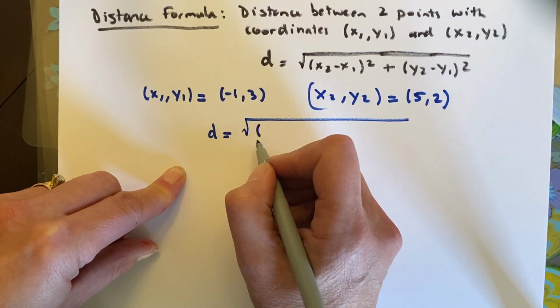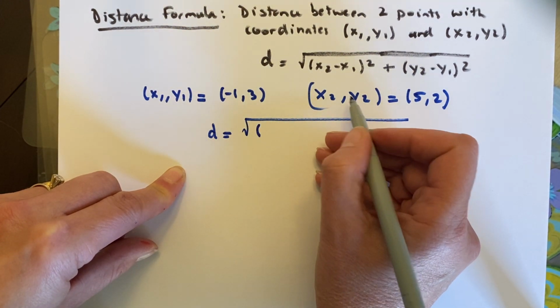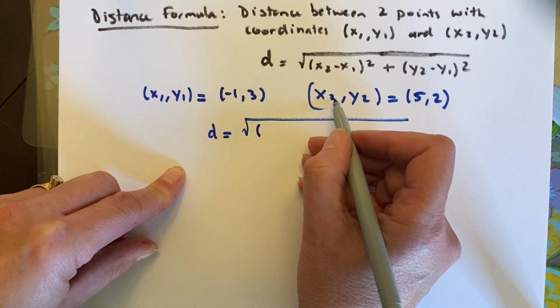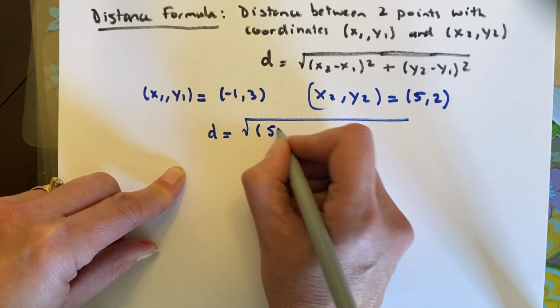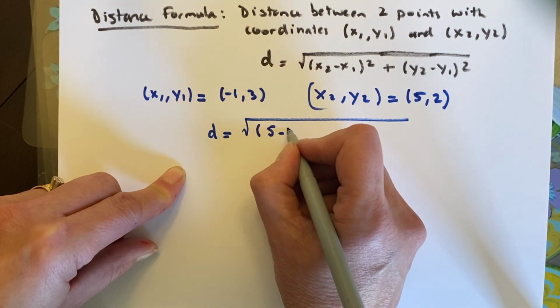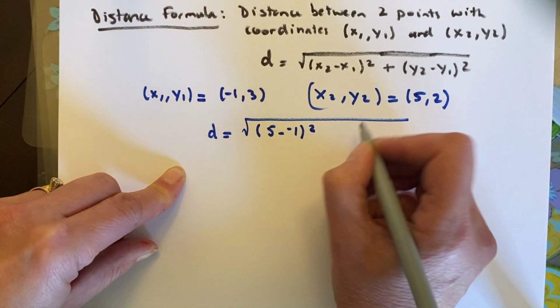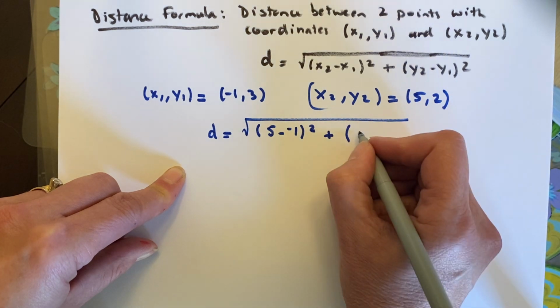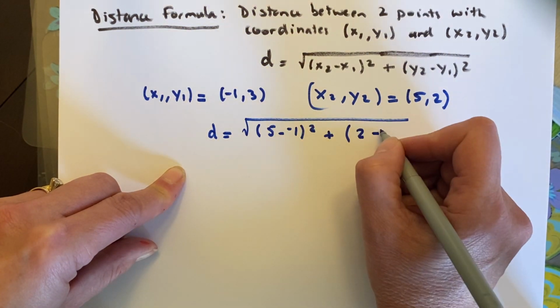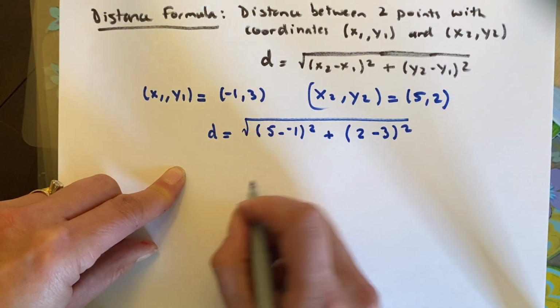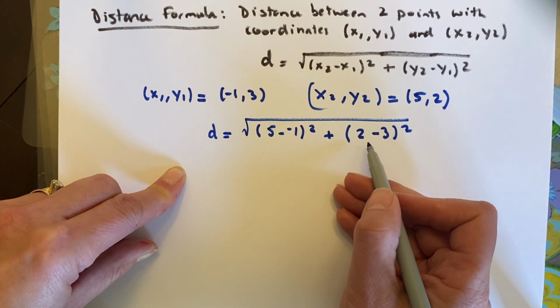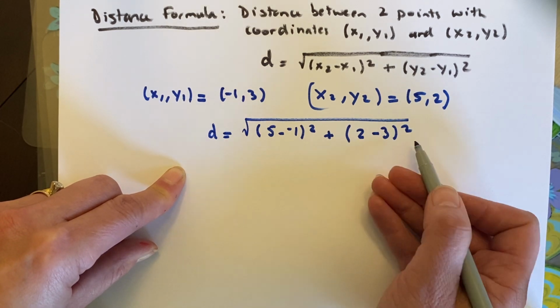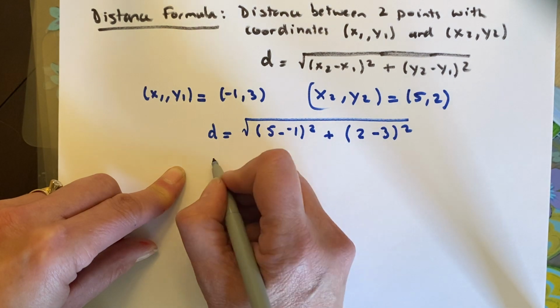I'm going to plug in x2 minus x1. Well, my x2 is 5 minus my x1, which is -1, and square it, plus y2. Well, my y2 is 2 minus y1, which is 3 squared. You see, whether this was 3 minus 2 or 2 minus 3, the number I get is squared, you'll get the same number.